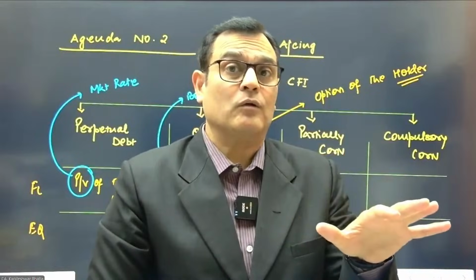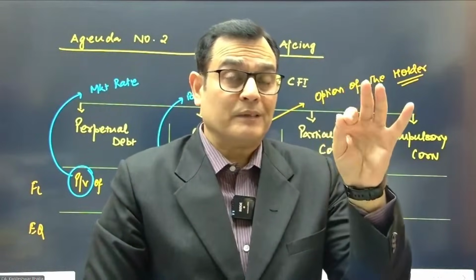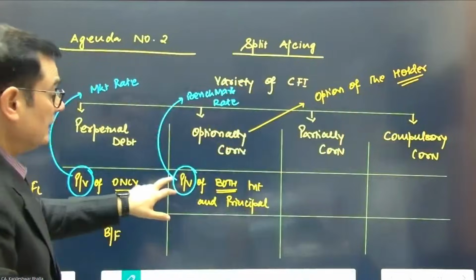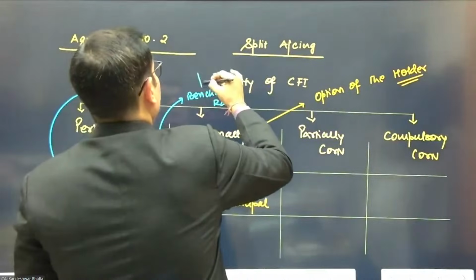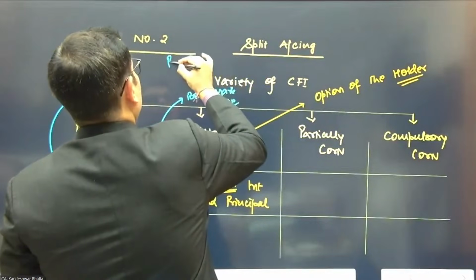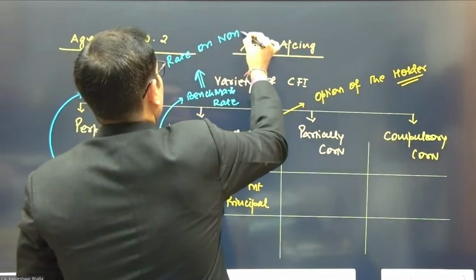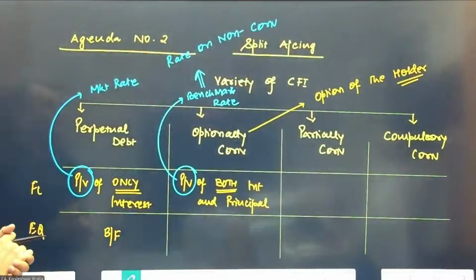Please make your add-ons to this mind map after you've done your questions. Just make those value additions. What more points need to be kept in mind? When you consider the present value, we consider the benchmark rate, and this benchmark rate is the rate which prevails on a non-convertible instrument.